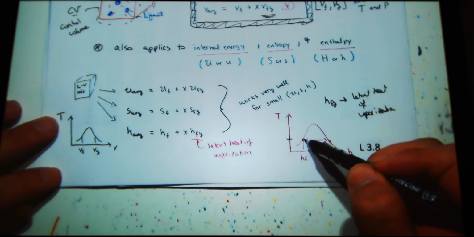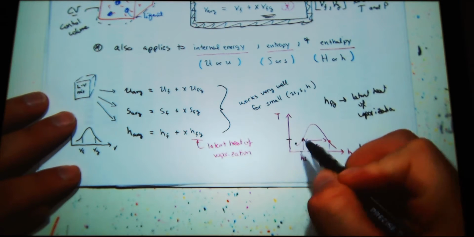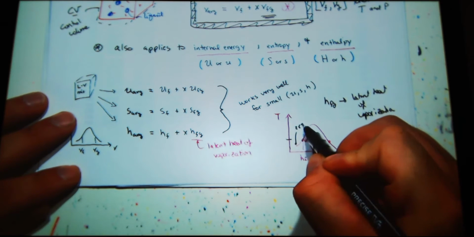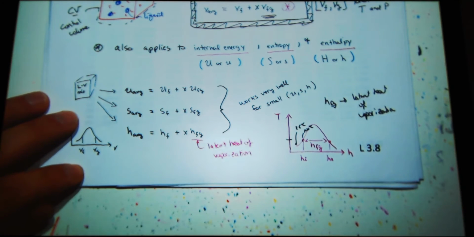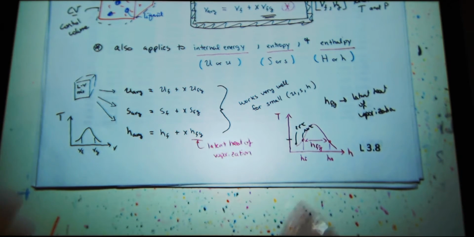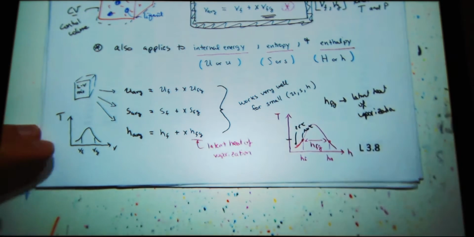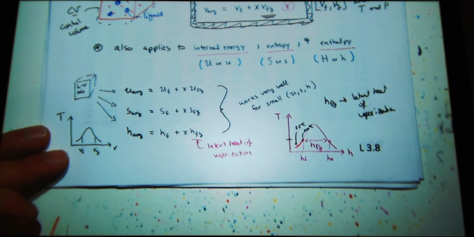I start with water at 25 degrees C, and this is 100 degrees C. So I start with water just above this curve, at 25 degrees C. And I have to heat it up to 100 degrees C, but it's still liquid. So there's some energy I need to put in to heat it up to 100 degrees C.